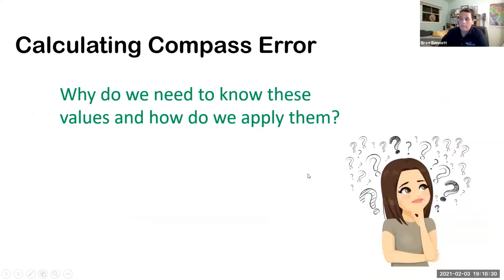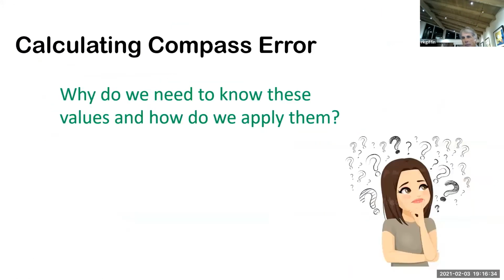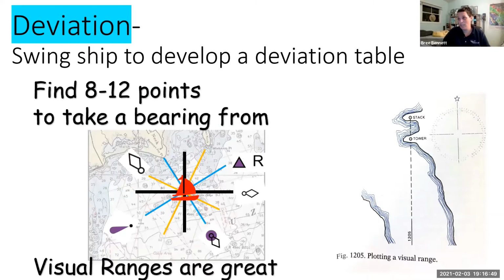Hey Bree, do the black balls on that previous compass eliminate the deviation if they're adjusted properly? I wouldn't say eliminate it, but makes it very, very minimal. Yes. Okay. Because you're on a steel vessel moving containers, maybe full of steel things, possibly.